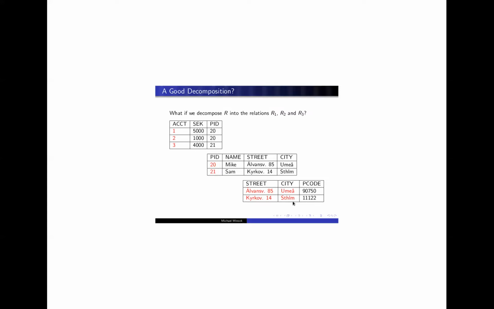You can see decomposing as splitting up into separate tables. And when you rebuild the table from what you split it up from, you better get back the same result. That would be what's called lossless. And lossy ones are almost always to be rejected. There's no real practical reason why you would ever want a lossy decomposition.